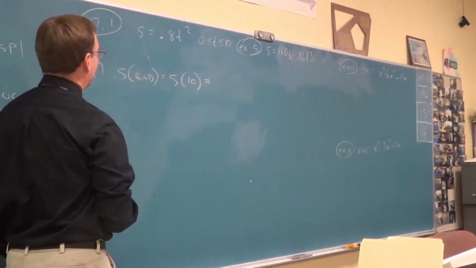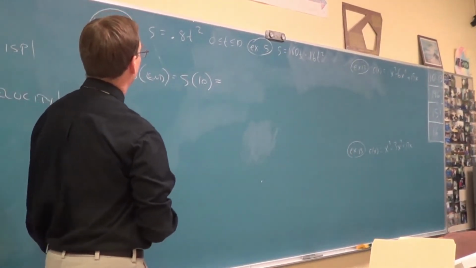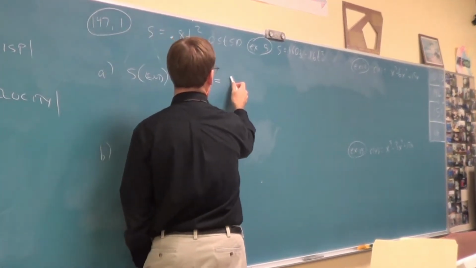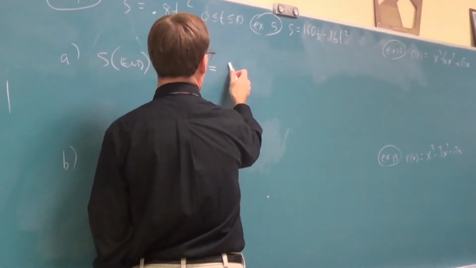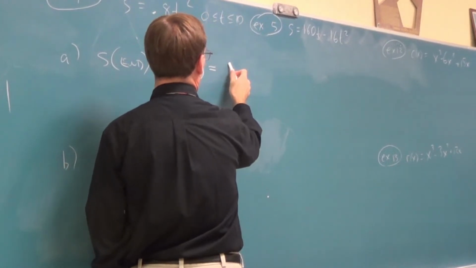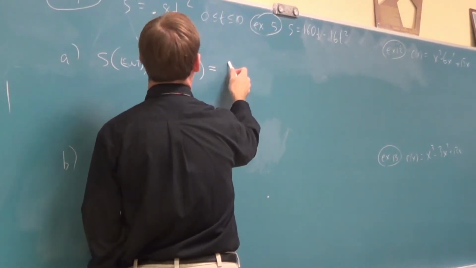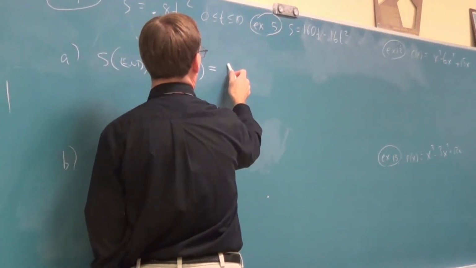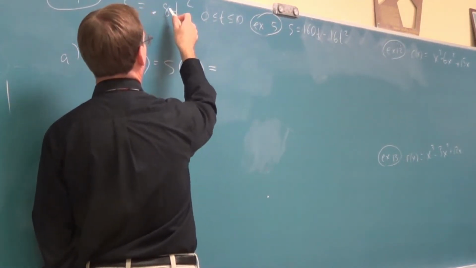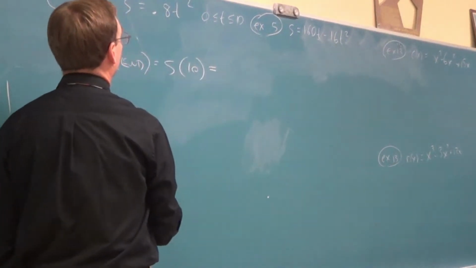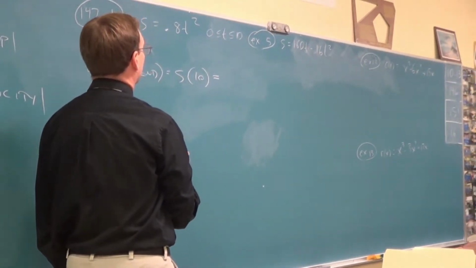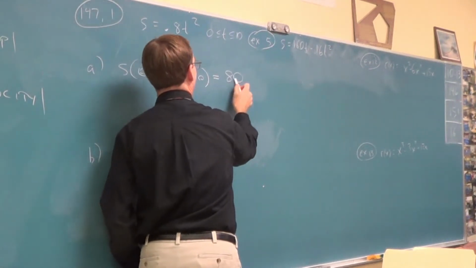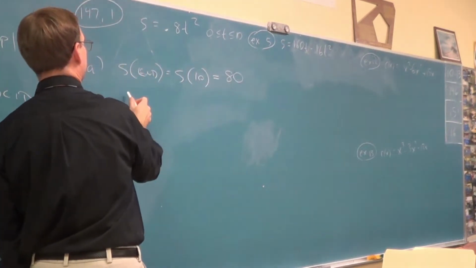If we plug in the 10 seconds at the end, what number would you get? 80. So 10 squared, 100, times the 0.8 is 80.